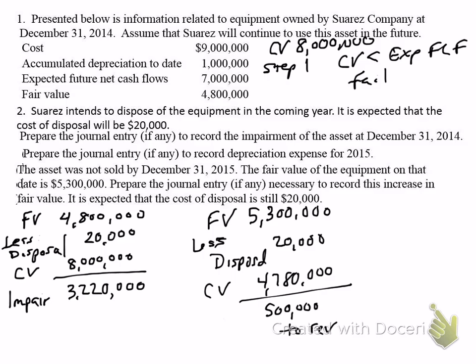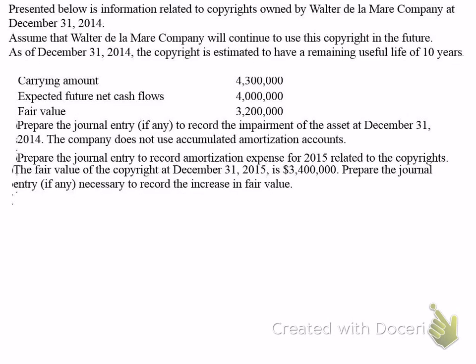So if our fair value is $5.3 million, we take out the disposal cost of $20,000, and the current carrying value is $4,780,000. There's $500,000 of impairment from 2014 that can be reversed. So we debit accumulated depreciation, credit recovery of impairment loss for $500,000.